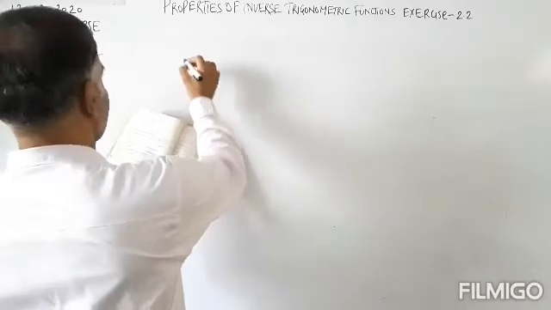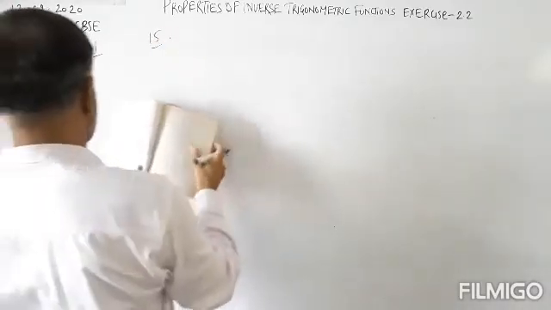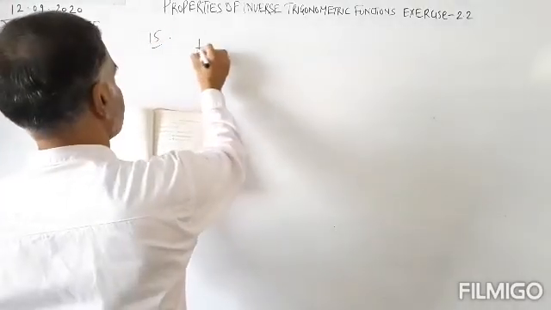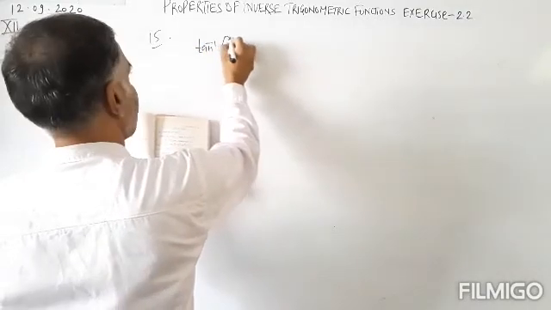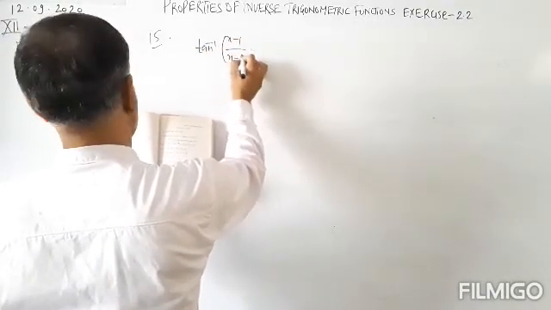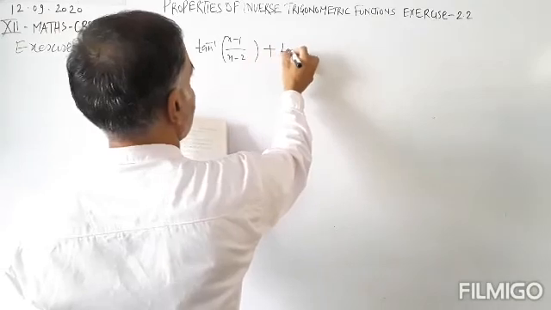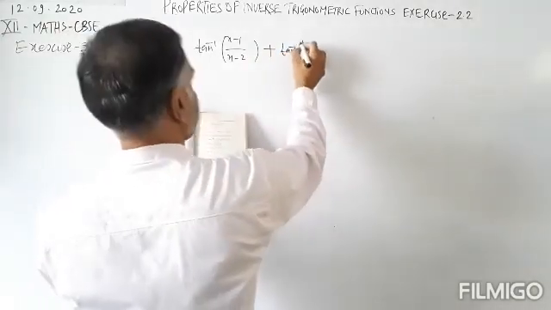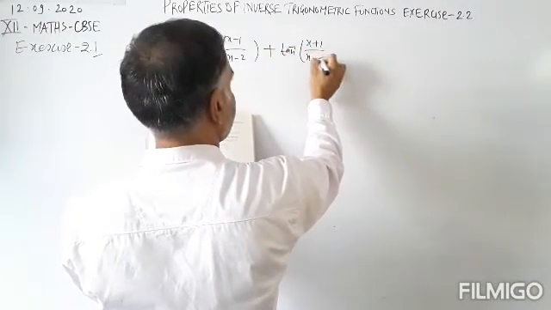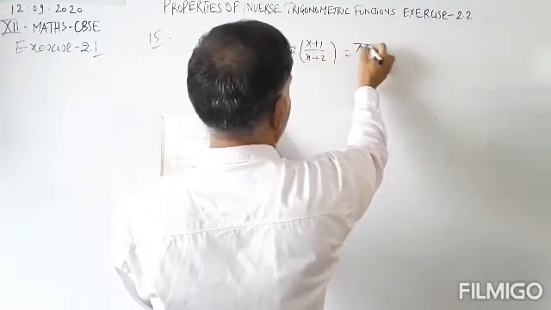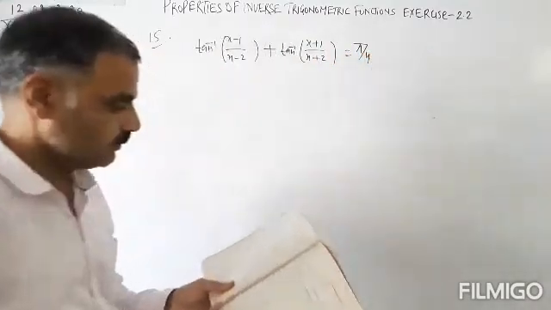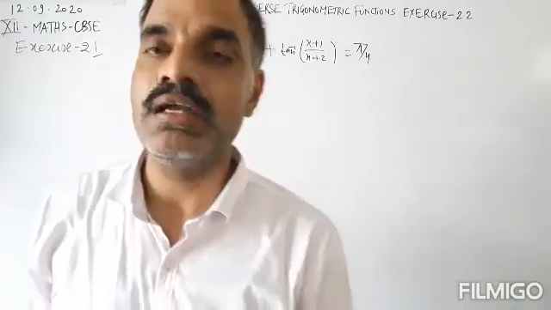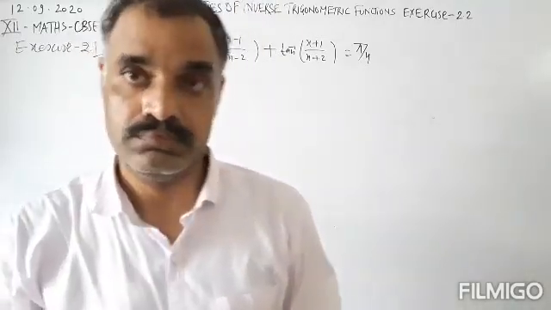So question number 15 is tan inverse x minus 1 upon x minus 2 plus tan inverse x plus 1 upon x plus 2 equals pi upon 4. We have to find the value of x.